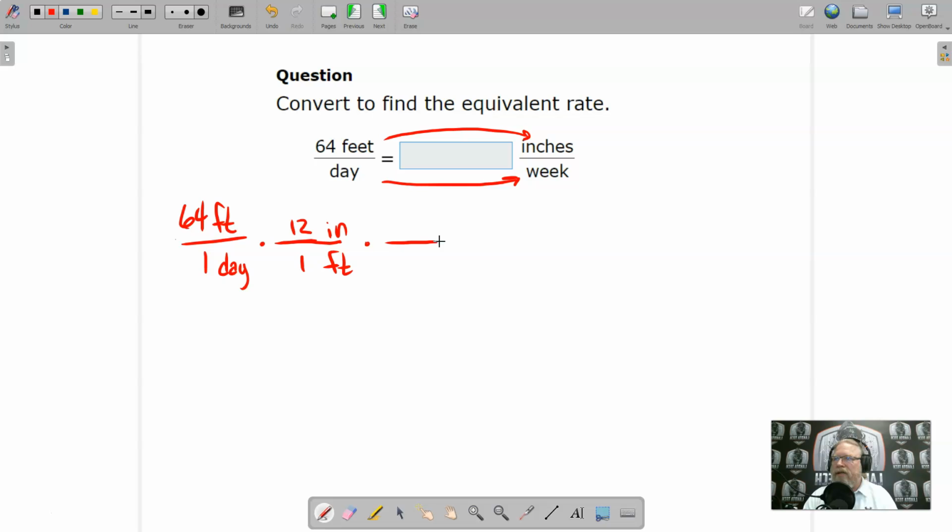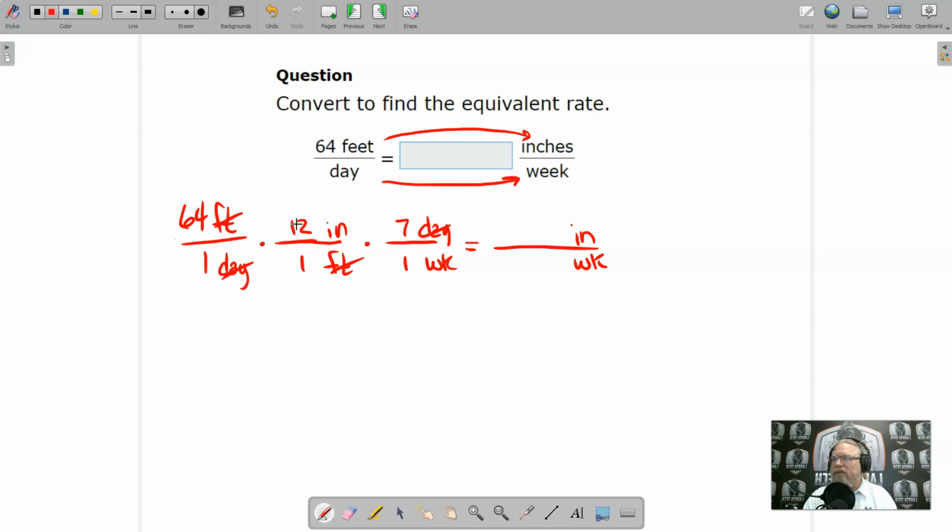Next, let's deal with the time. Days is in the denominator, so let's put it in the numerator. Days to weeks. In 1 week, there's 7 days. Days cancels days. Feet cancels feet. I'm left with inches and weeks, which is what my question asked for.